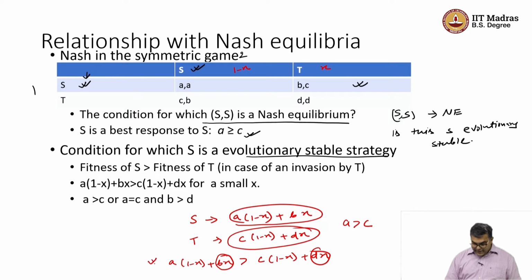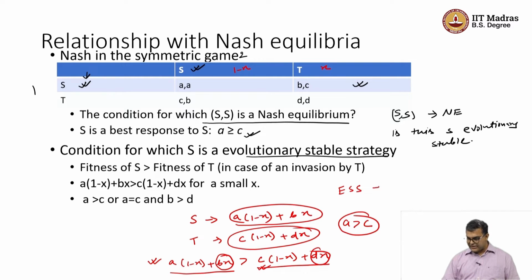So, if A is greater than C, then there definitely exists an x for which this side is greater than the other side. So, one requirement for S to be an evolutionary stable strategy is that A is greater than C.